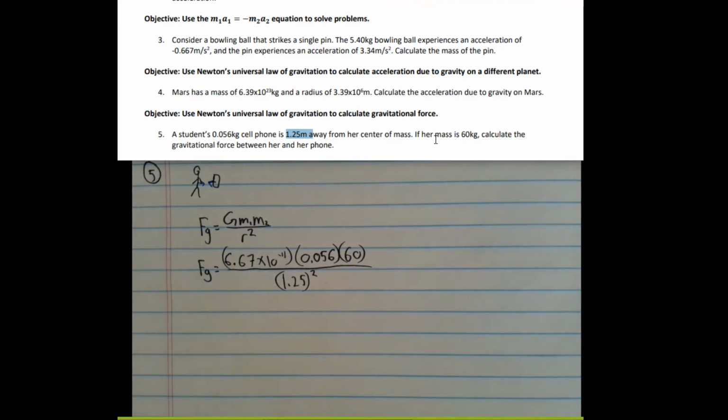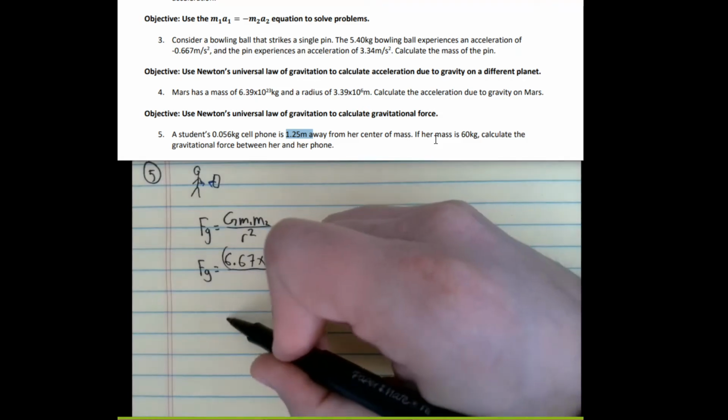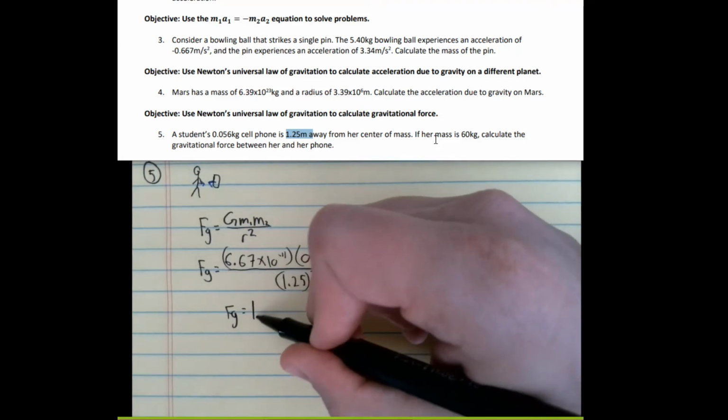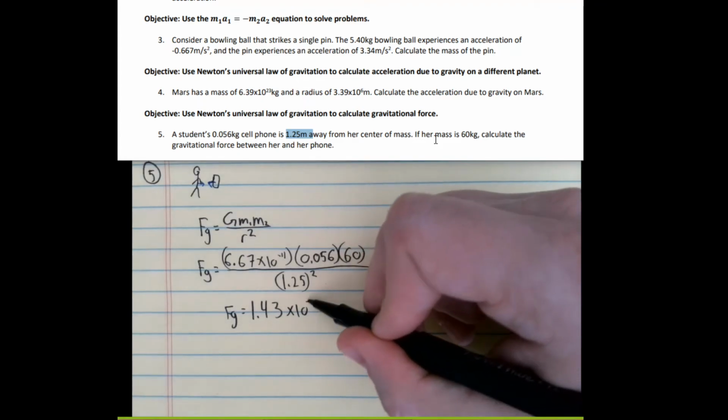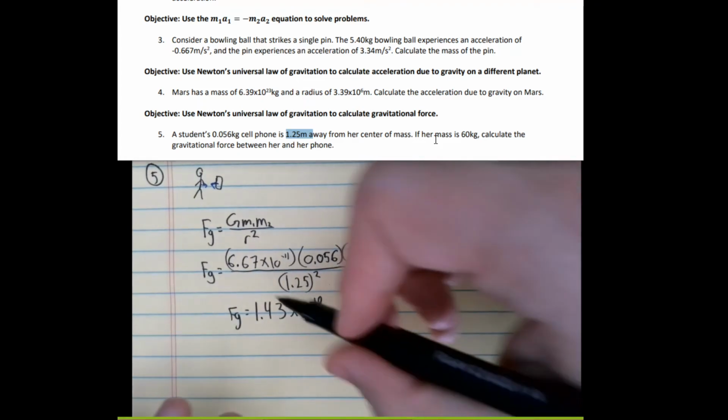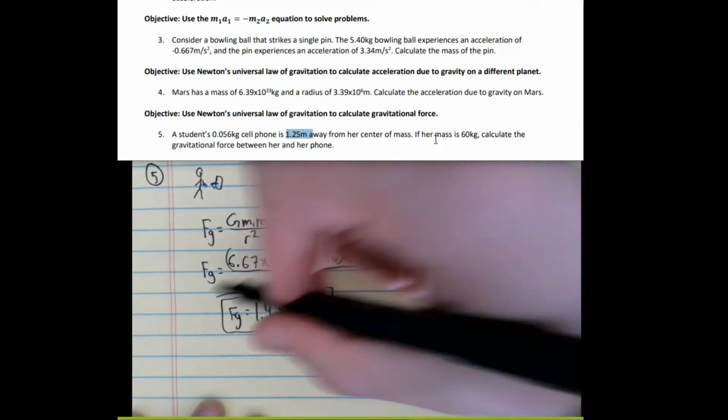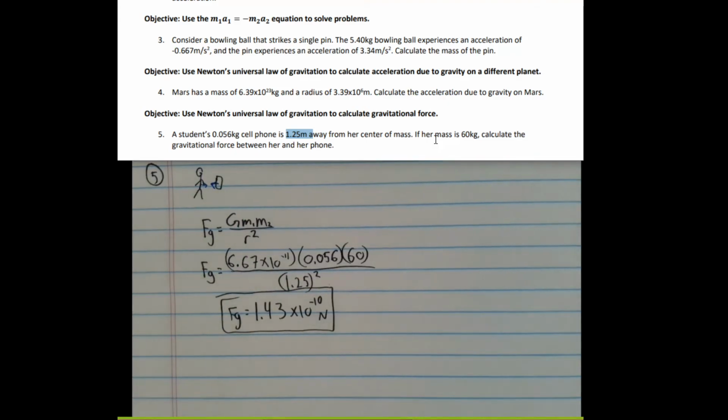So this one will be very small, 1.43 times 10 to the negative 10th newtons.